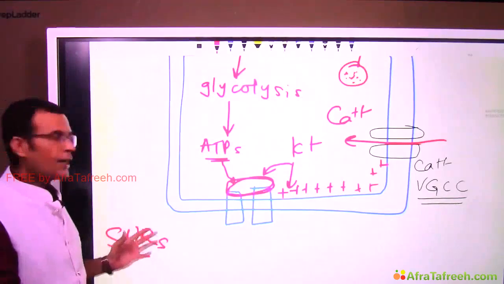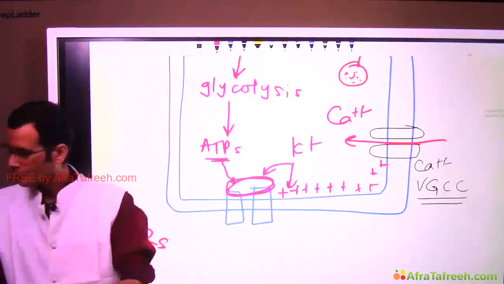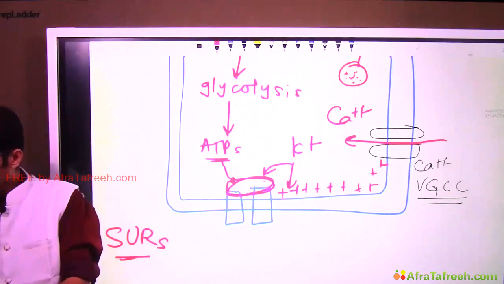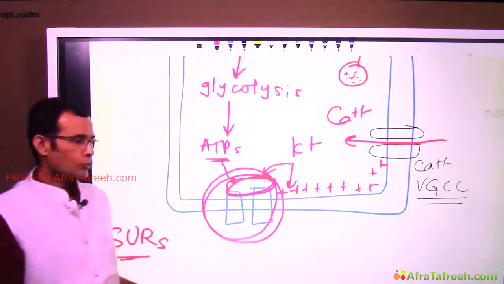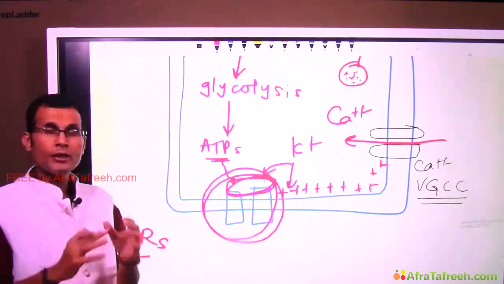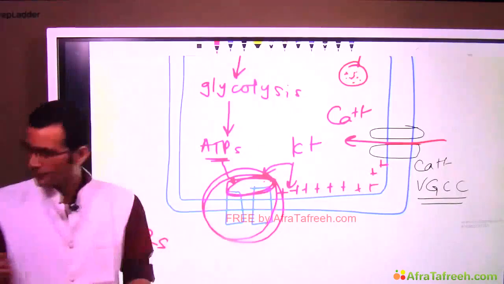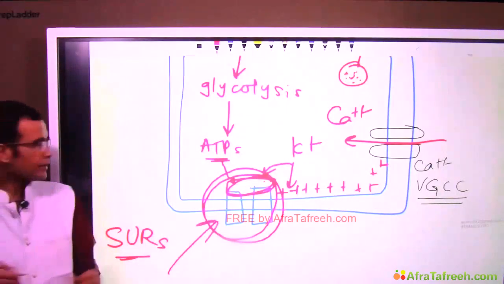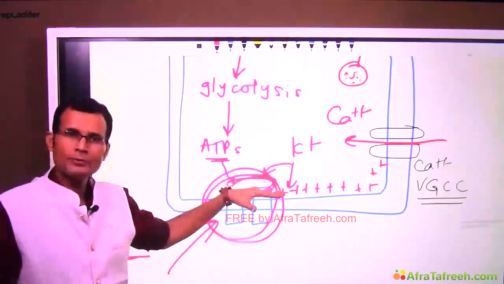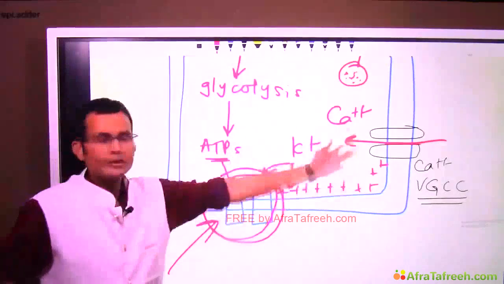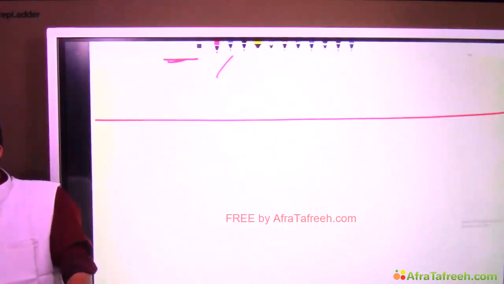The sulfonylurea has got a receptor, the sulfonylurea receptor, which is associated with this ATP sensitive potassium channel. So when this drug is given, it is called an insulin secretagogue. It's going to cause secretion of insulin. The drug will bind with this receptor, that will close the potassium channel, and the subsequent events will follow. So these were the chemically gated channels.